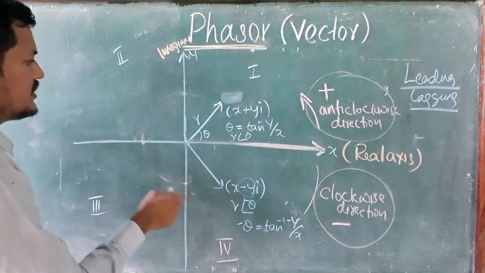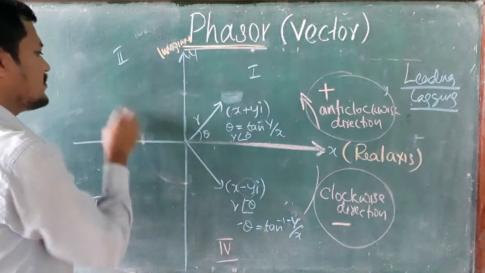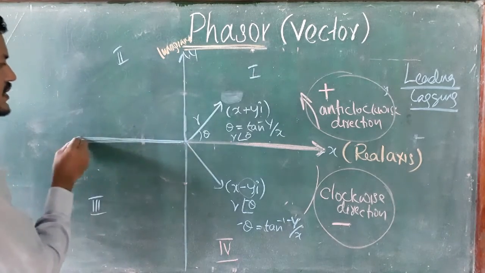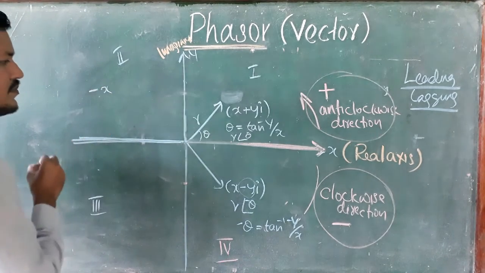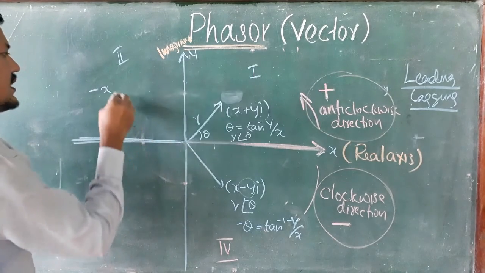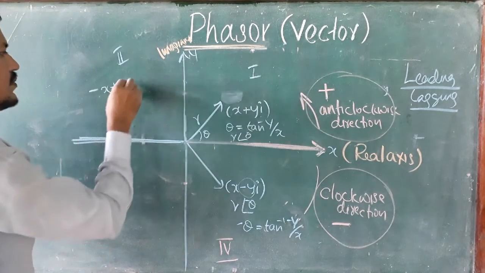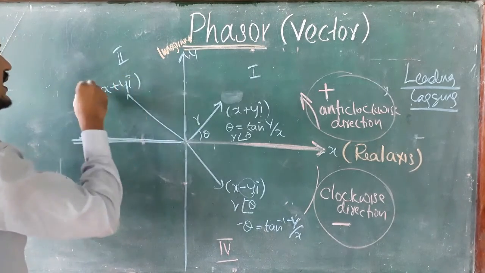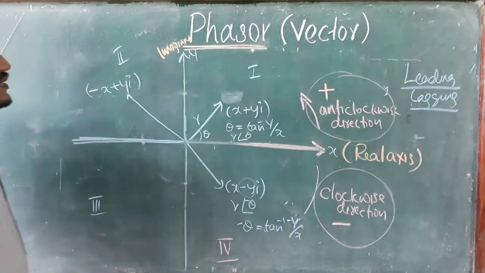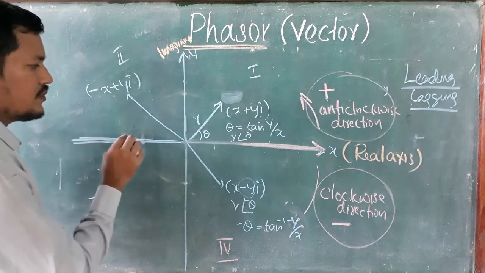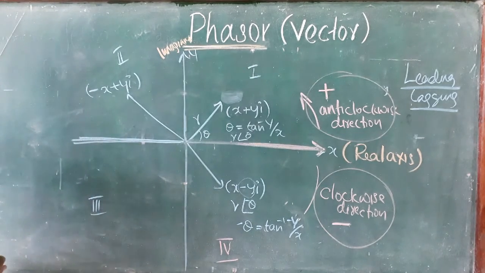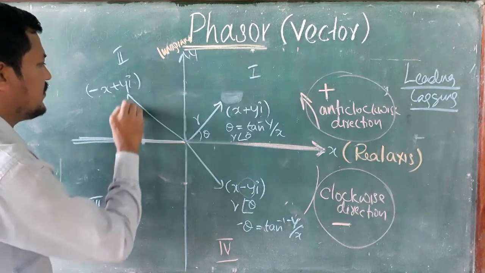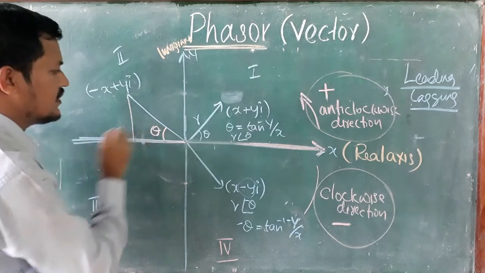Suppose some value where the real axis is negative, minus x, and the imaginary axis is positive, plus i. This point is denoted as minus x plus yi. So how to find the angle? We have this much x value and this much y value, so this is the angle.